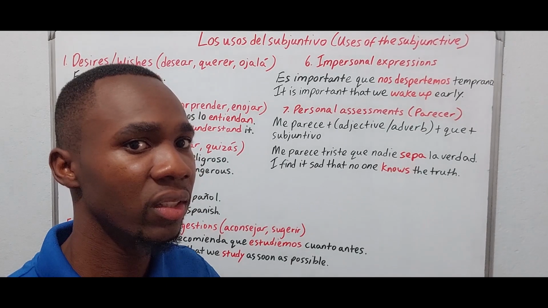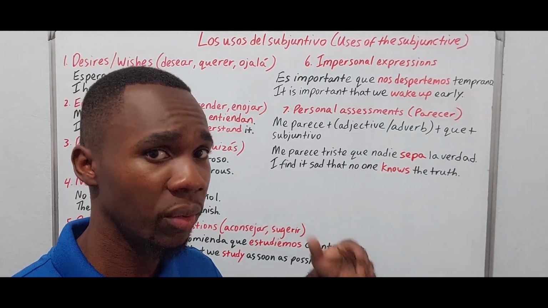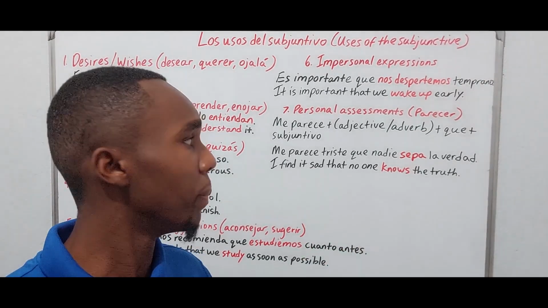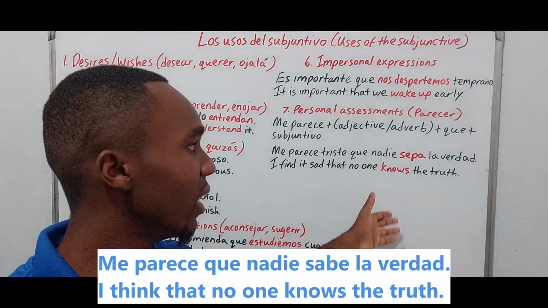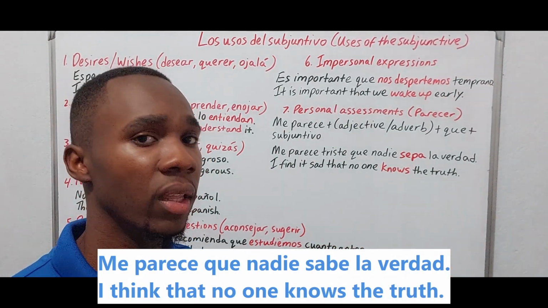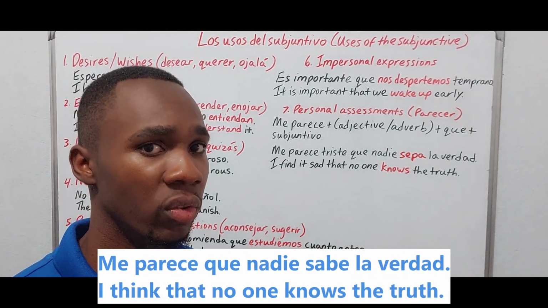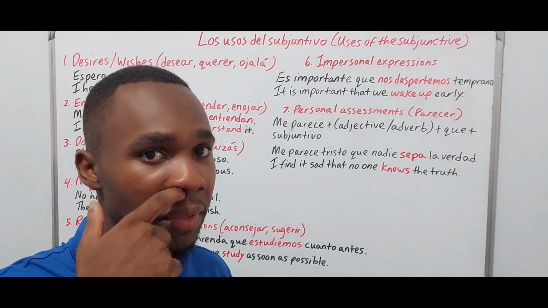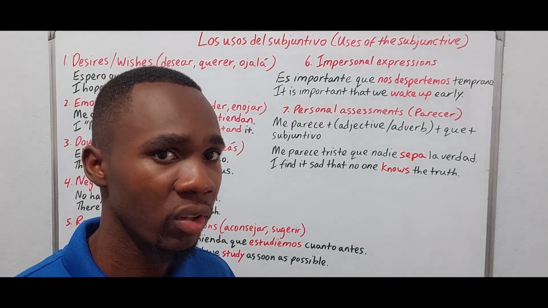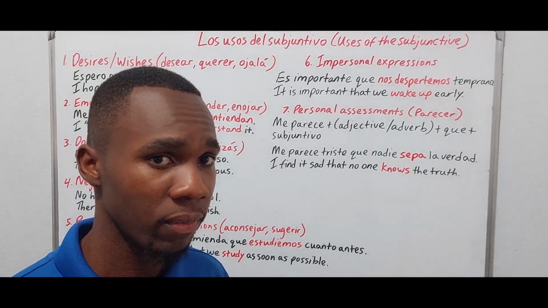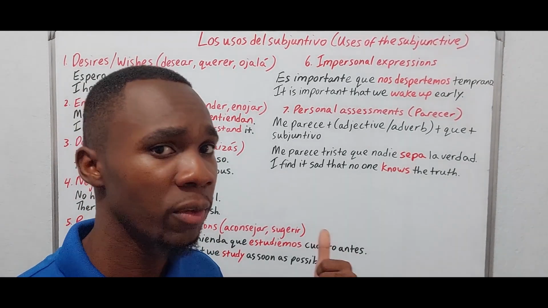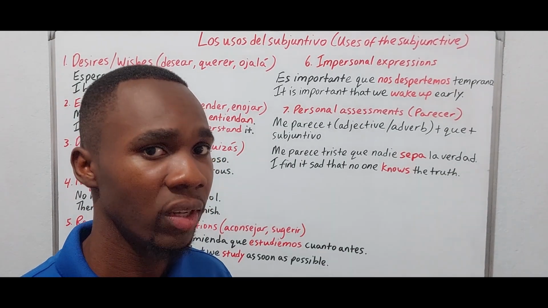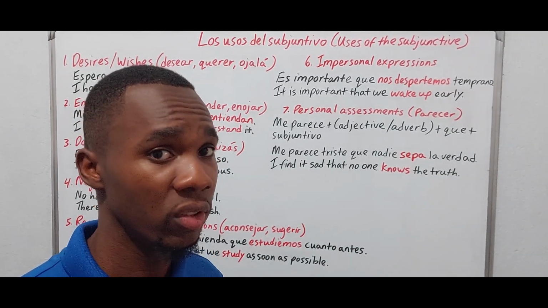So if I wanted to use parecer without an adjective, I would say me parece que nadie sabe la verdad. I think that no one knows the truth, because parecer in that context would be the same thing as saying pienso que or creo que. So with the verb parecer, if we use an adjective or an adverb, we have to use the subjunctive.